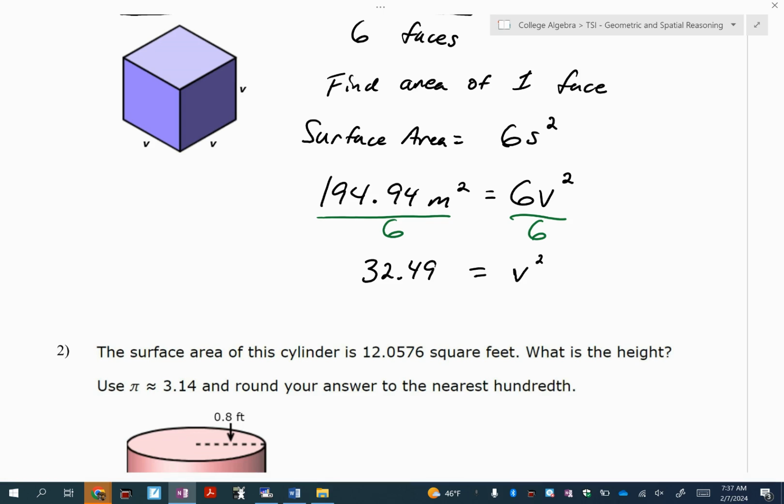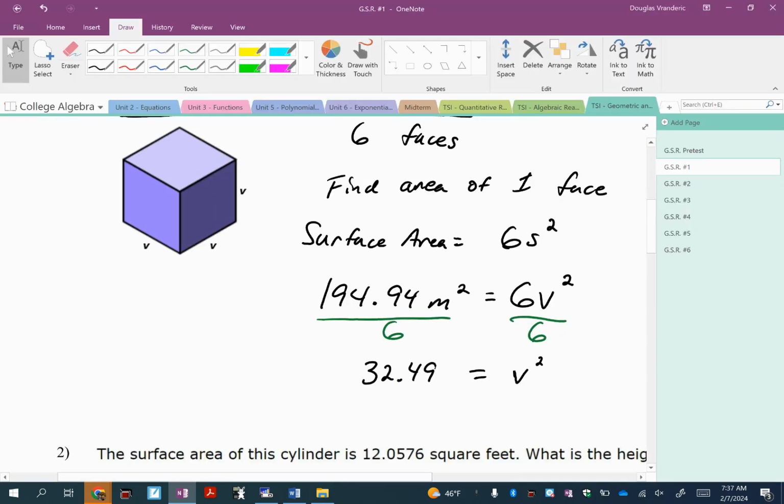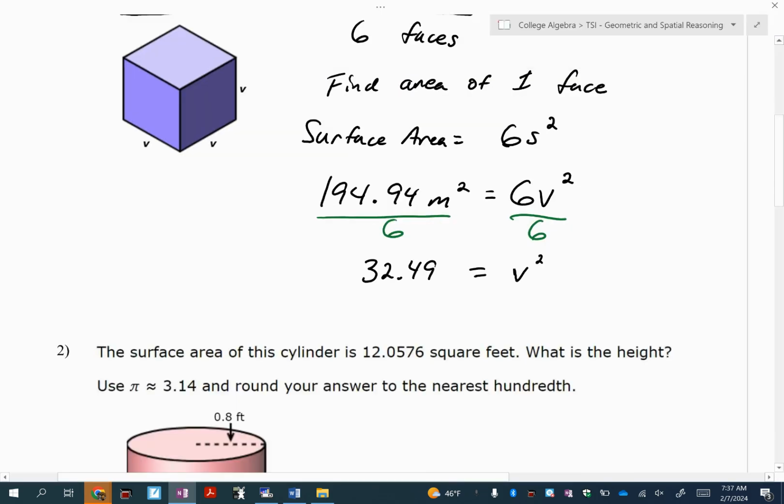So to get rid of that square, what do I need to do to both sides? Not divide, not multiply. Do you remember the inverse operation for something that's squared? The square root. Is that Miriam? Yeah. Well done. What is the square root of 32.49?